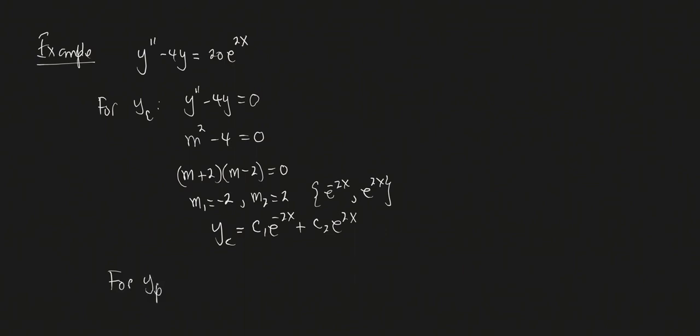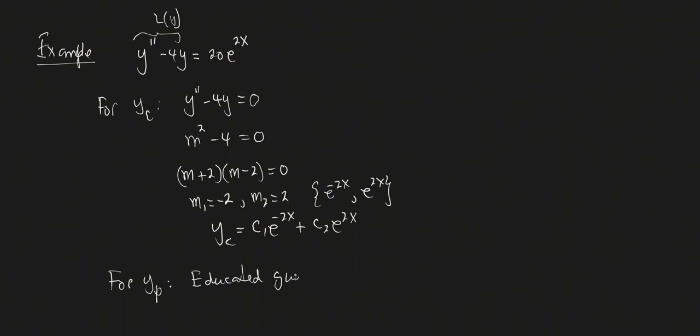For our particular solution, here's our differential operator, and we're trying to find what input, if I think of this as my L of y, what function, when I do these operations on it and combine them, will produce this sort of output? So here is our educated guess.